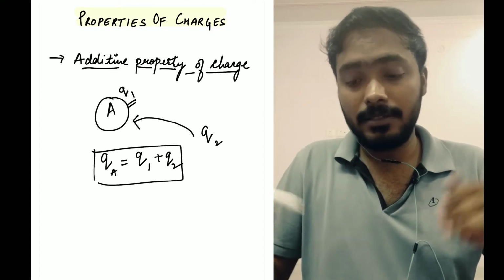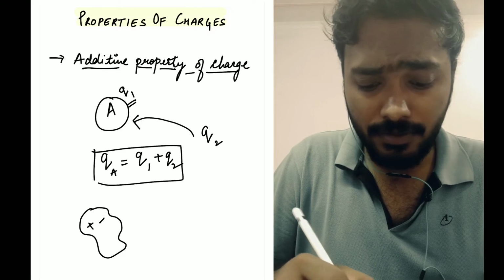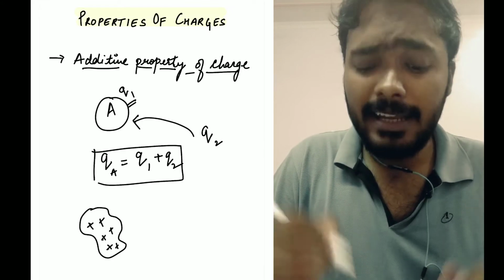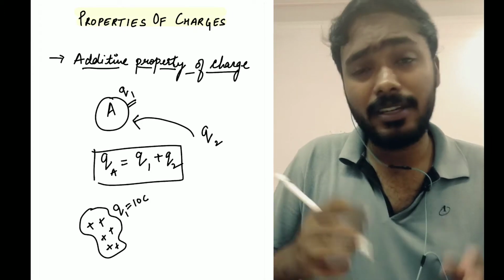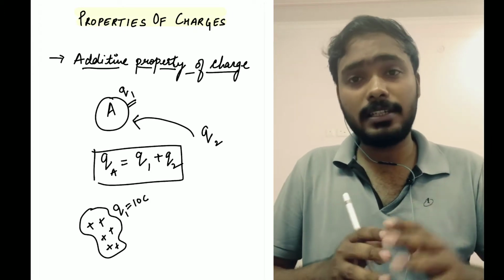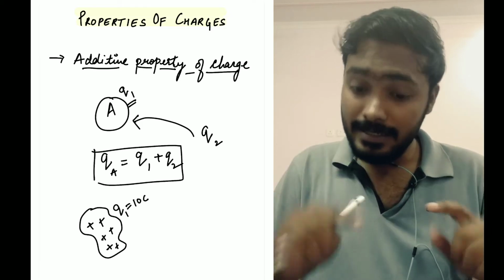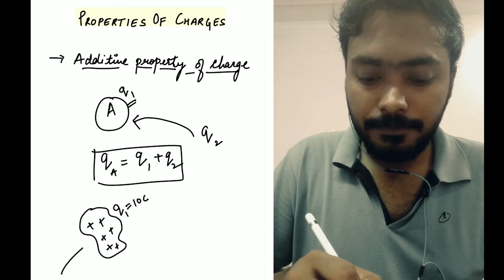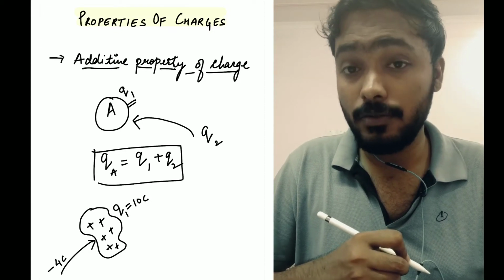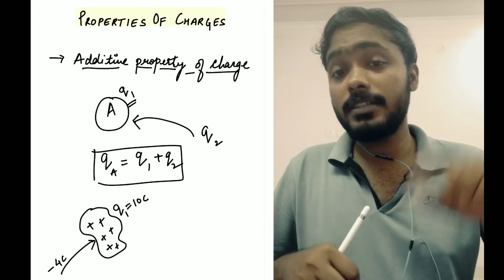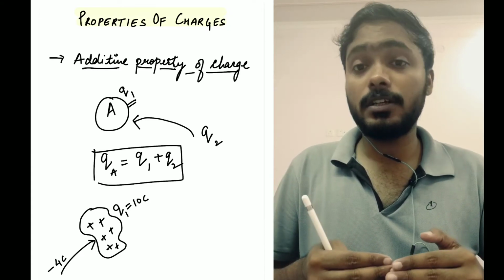So let me just take a simple example. Let's say I have a body. Let's say it has a lot of positive charge, some 10 coulomb charge. Okay, 10 coulomb charge is a huge charge, but I'm taking it for example's sake. And let's say an additional -4 coulomb charge is given to this body. Now according to this additive property of charge, what will be the total charge on the body?